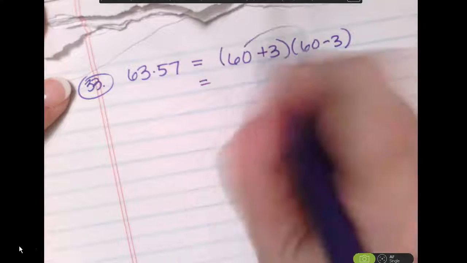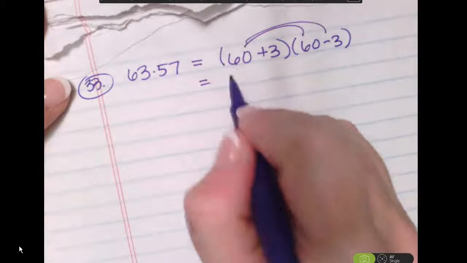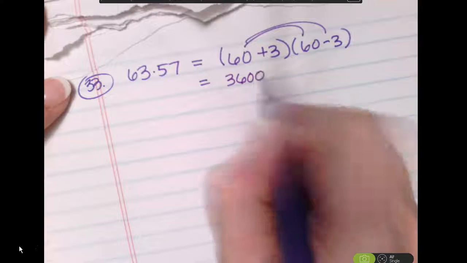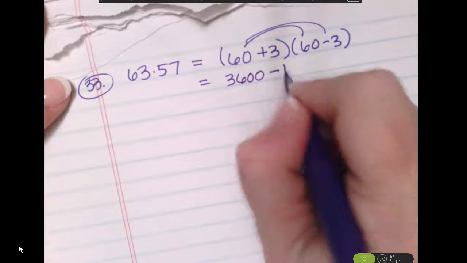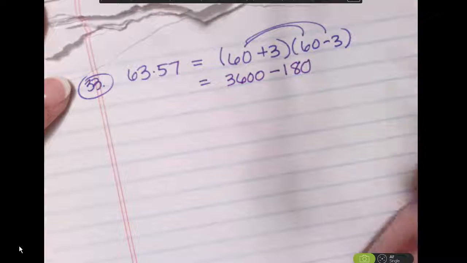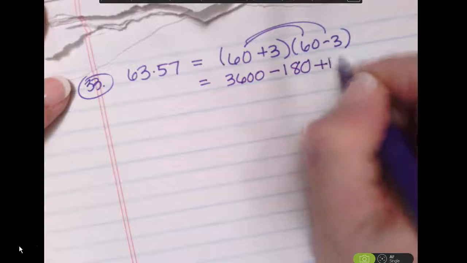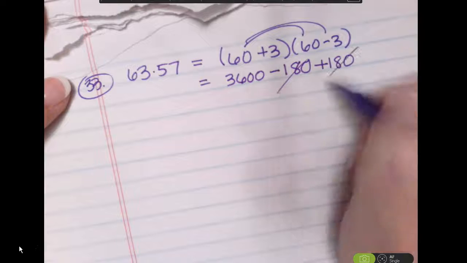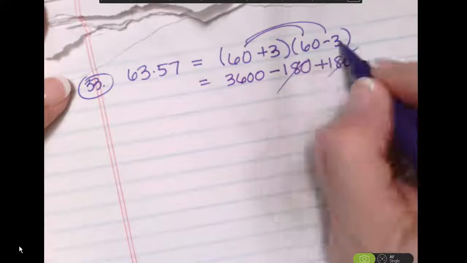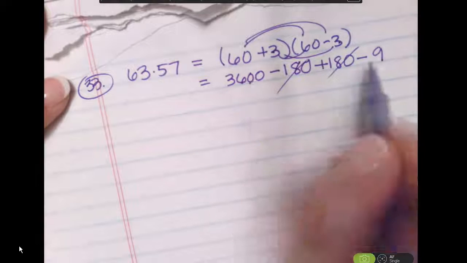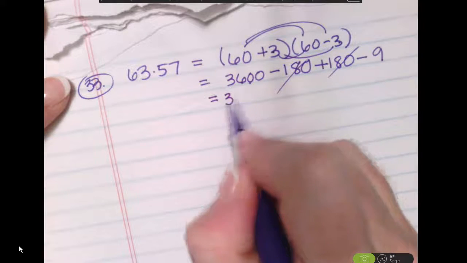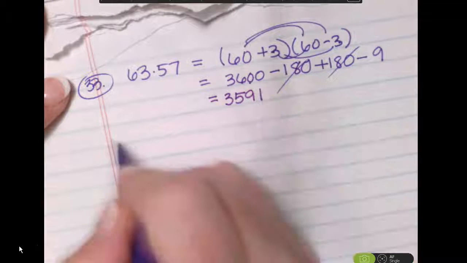So 60 times 60 is, 6 times 6 is 36, and then I add the 2 zeros on. 60 times 3, 6 times 3 is 18, and then I add the 1 zero on. Plus 3 times 60, and so we see those are going to cancel. Plus 3 times minus 3 is minus 9. So I have 3600 minus 9, which is 3591.